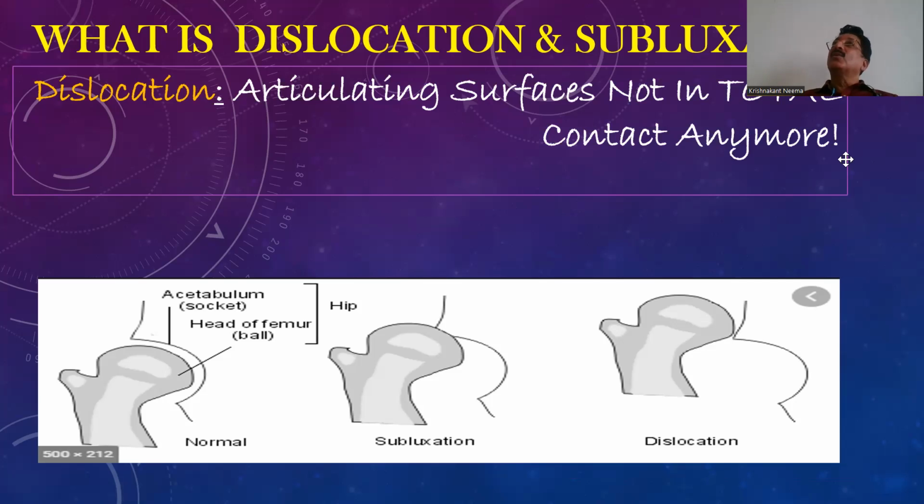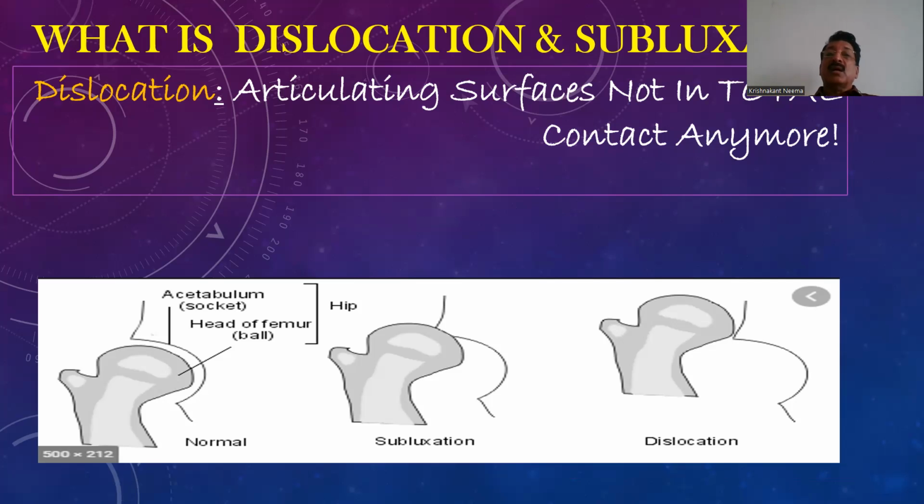What is an articular surface? The surface of the bone which forms the joint. Like in this case, the whole head of the femur is an articular surface. The whole acetabulum is an articular surface because this is the surface which is in contact with the opposite side of the bone to form a joint, right?